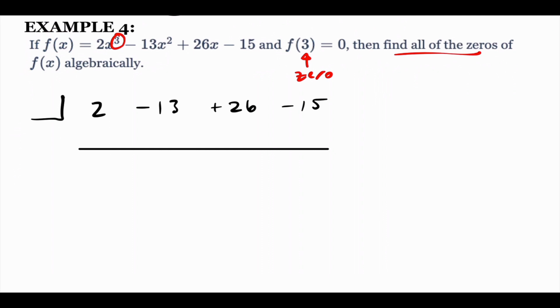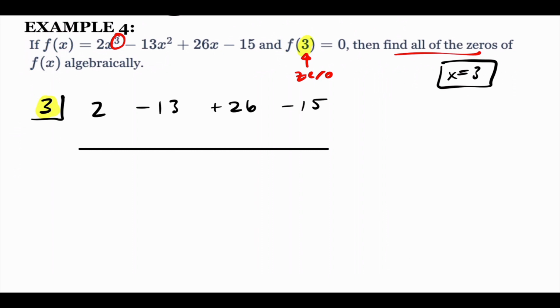They already told me a 0, right? They told me an answer. It's 3. So that's going to go here. So already, let me make a list of my answers. I know 3 is going to be an answer. I just got to go find the other 2. That's what I'm using synthetic division for.